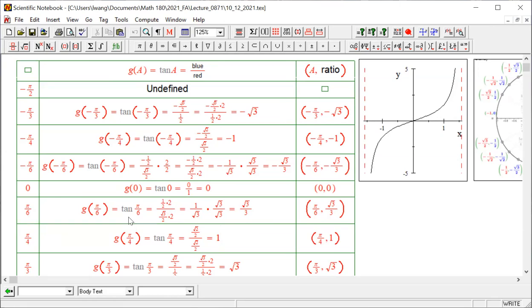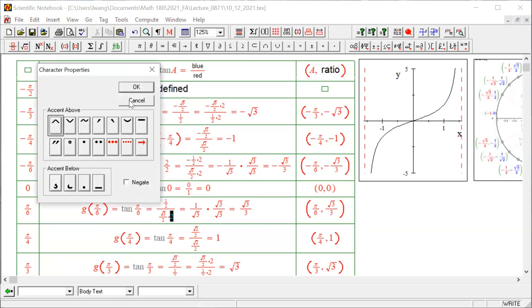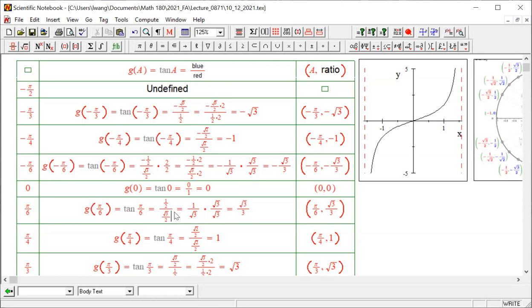For root 3 over 3, first of all, before it's a half. Do you see that? So that is a half over root 3 over 2, then we multiply by 2 over 2. And after that, we get 1 over root 3.